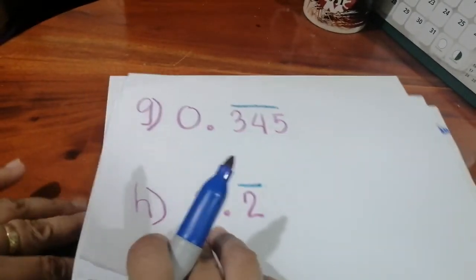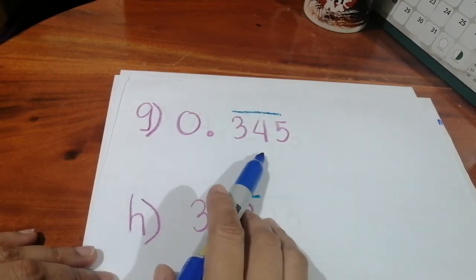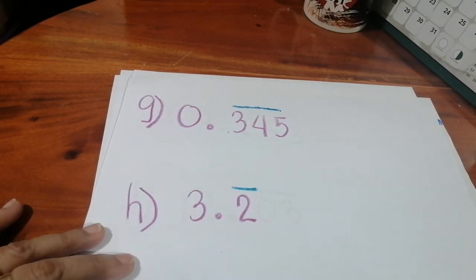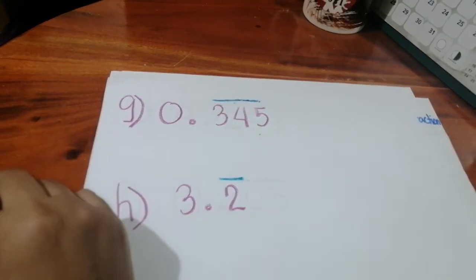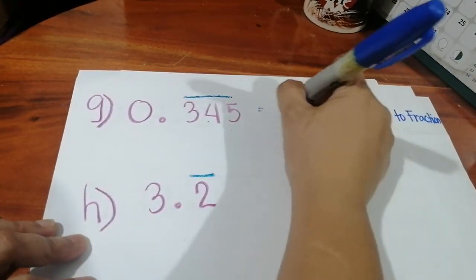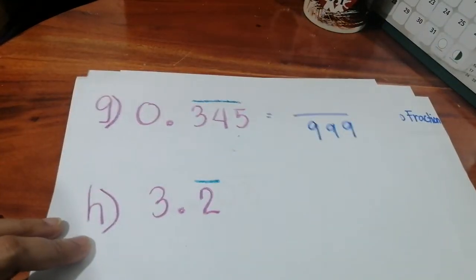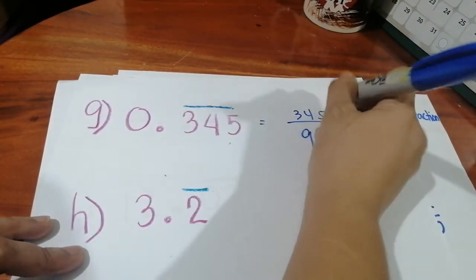Another. This 0.345, and there's a line, so still it's non-terminating. And because of that, there are 3 digits after the decimal point, so meaning there are also three 9s in the denominator. And then copy the 345 here.